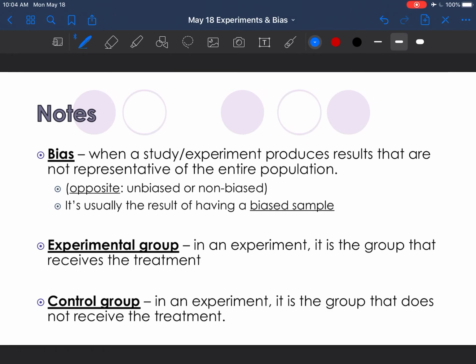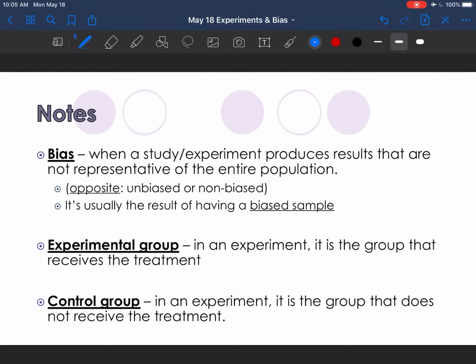Looking at an experiment specifically, so if you think about it like in your science class when you have an experiment, you're always trying to figure out the effects of something. Like you're trying to figure out if singing to a plant makes it grow faster, or if you're trying to figure out whether this medicine is better to cure whatever.